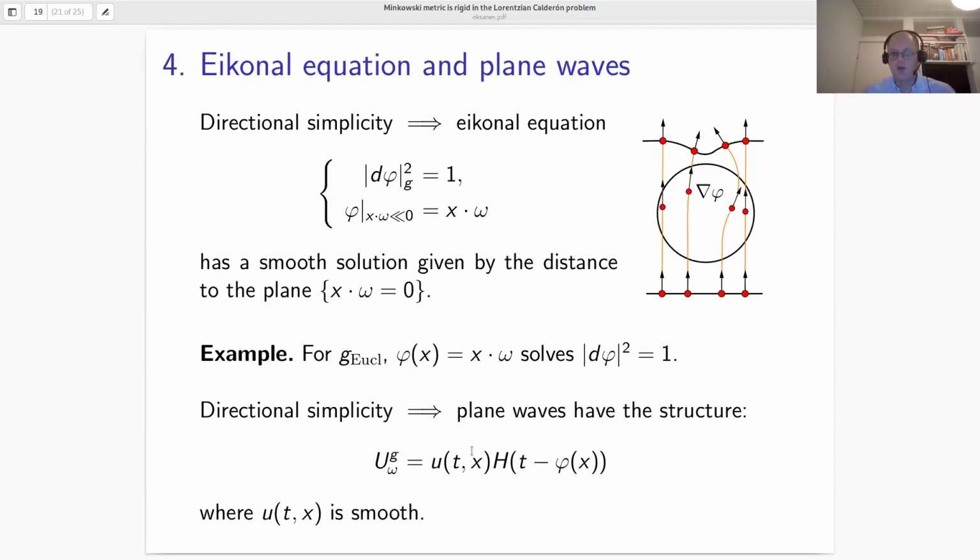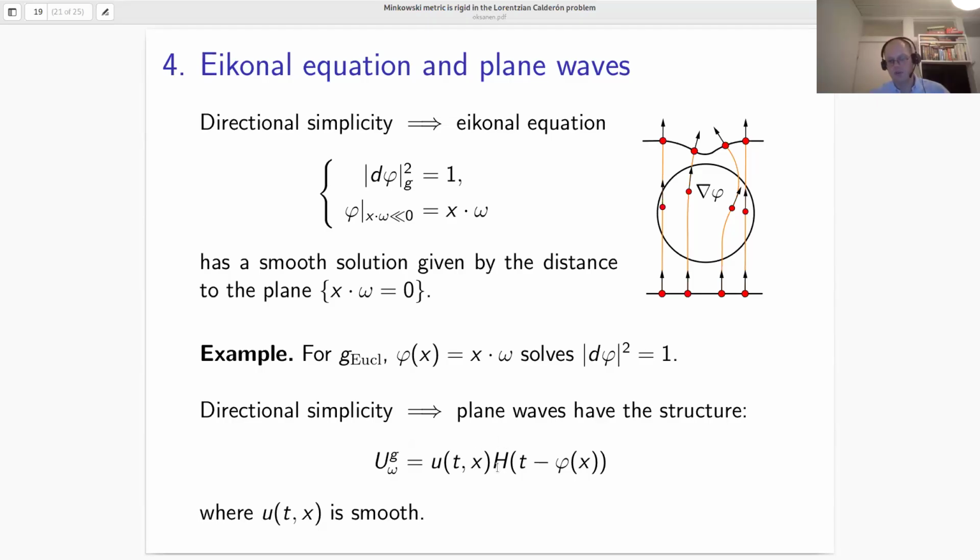So we know that this distorted plane wave initially has a Heaviside type singularity, and Hörmander's theorem on propagation of singularities tells us exactly how the singularity must propagate, and it's easy to derive from that it must propagate like a Heaviside.